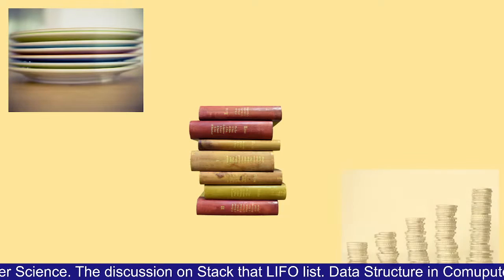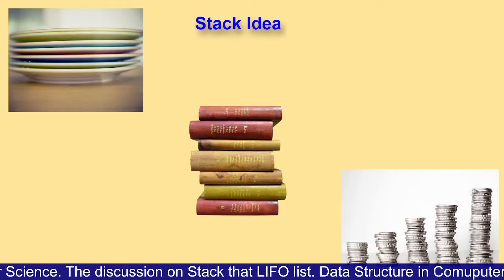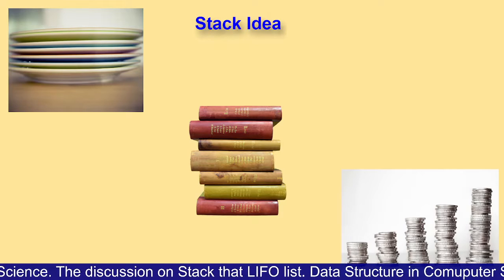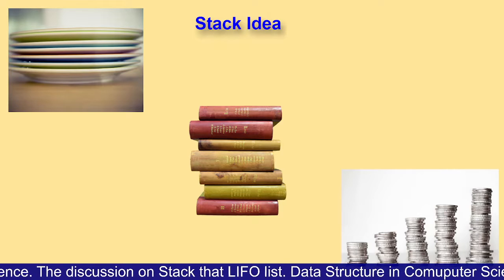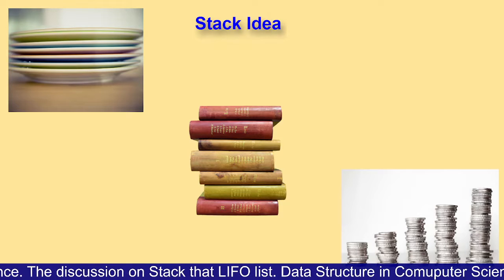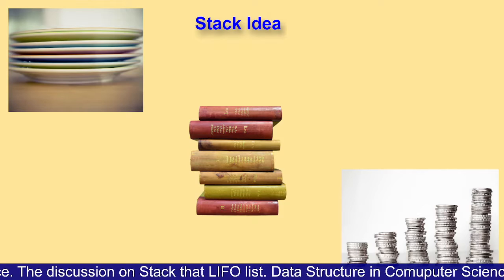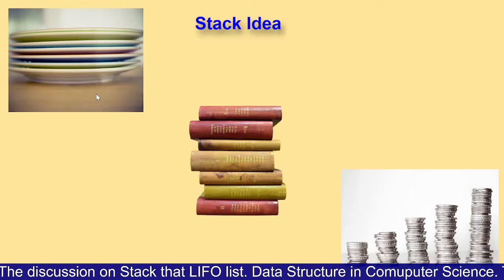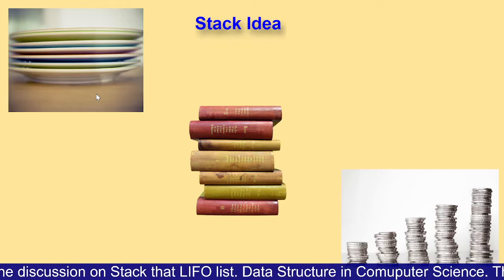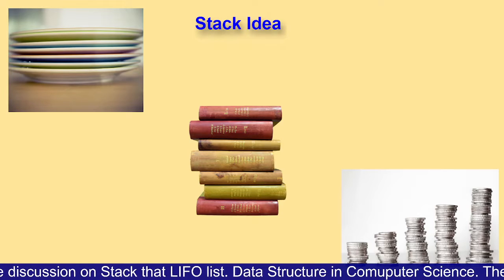If you see these diagrams, in the first diagram you see a pile of plates. In the second diagram you see a pile of books, and in the third diagram a pile of coins. If you consider the first figure, if no plate is there, then this is the empty picture.